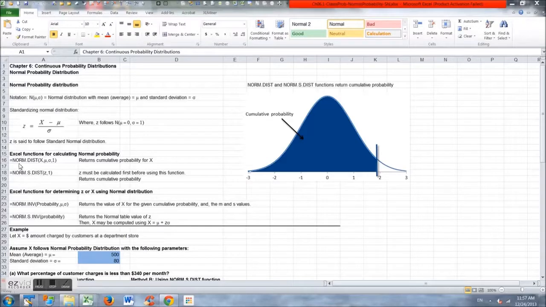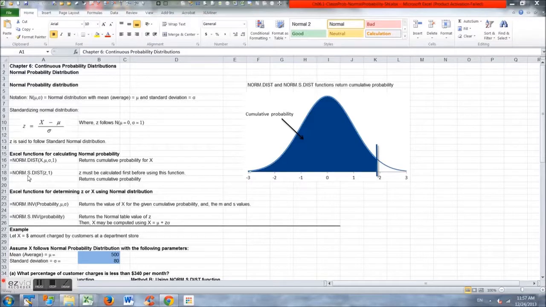But we can also skip this step of computing z ourselves and instead provide the three values, the x value, the mean mu, standard deviation sigma, in this function norm.dist, skipping that s. Now of course we need to end with the comma 1, which indicates to the function that we want the probability.